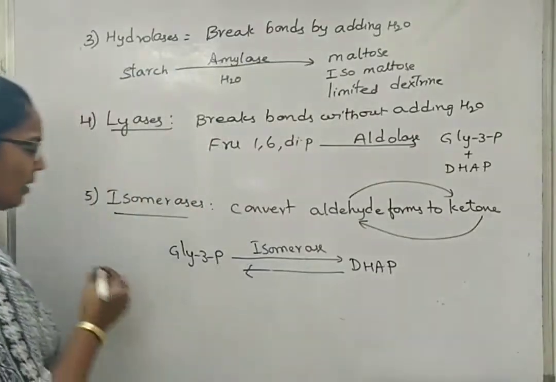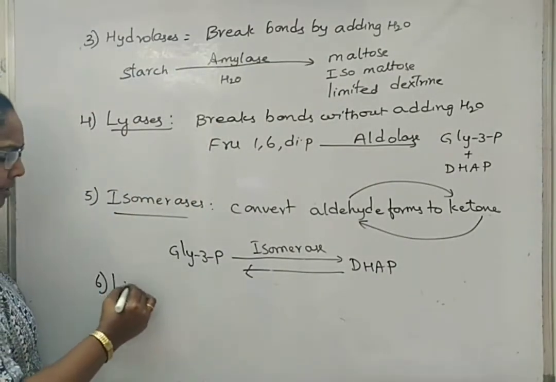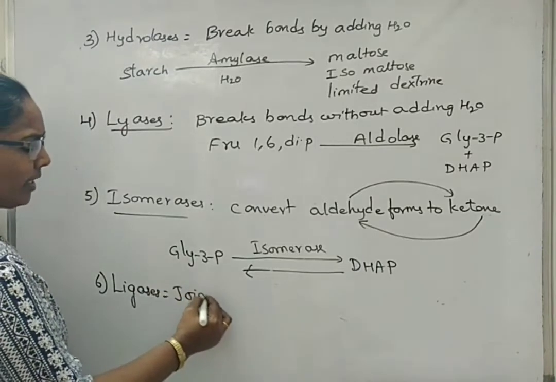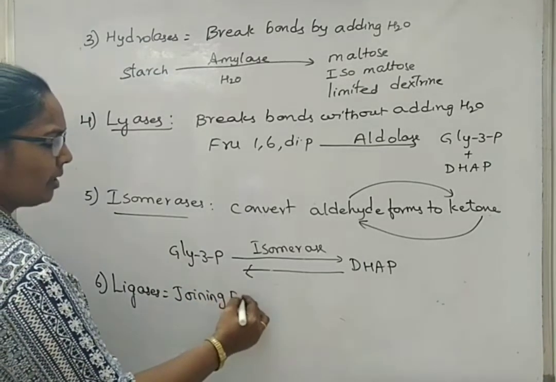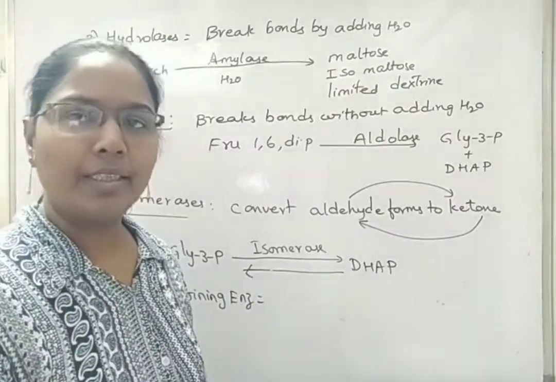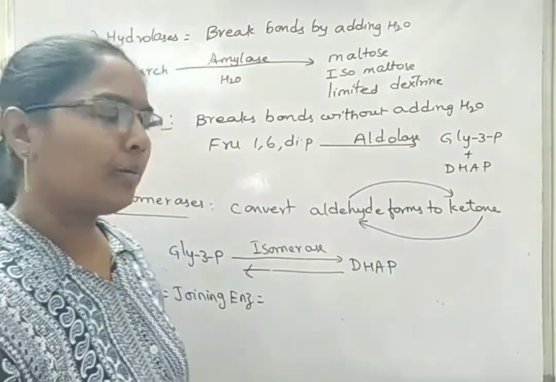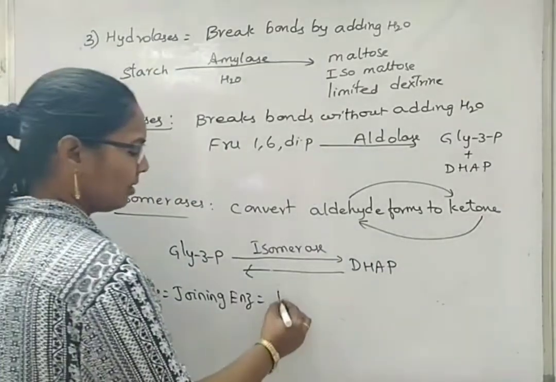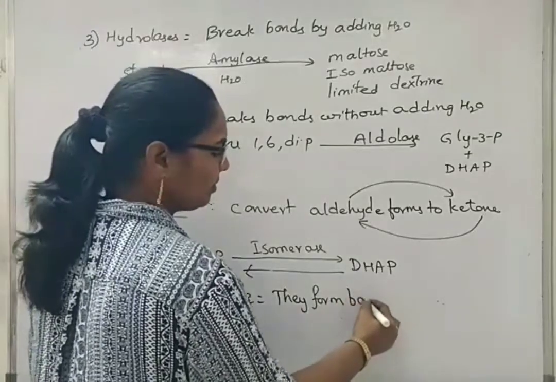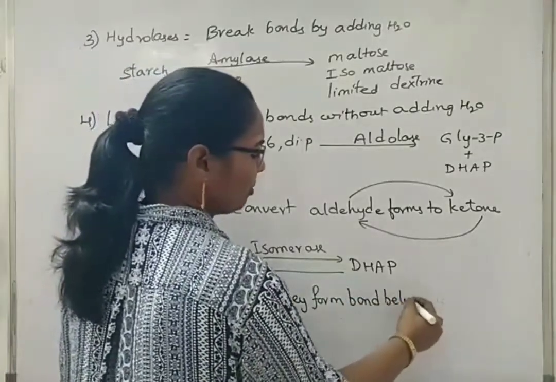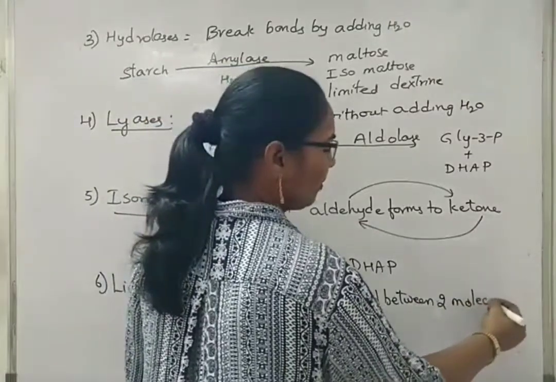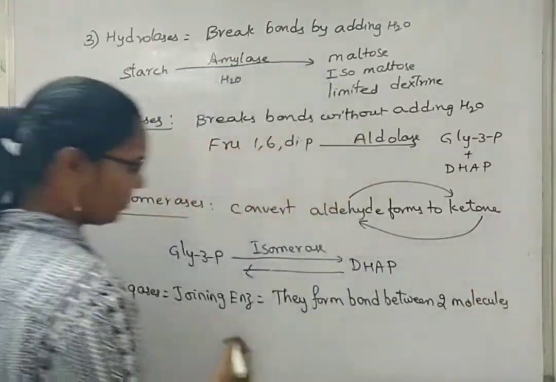The last one is about ligases. Ligases are also called joining enzymes. They form a bond between two fragments of molecules, two molecules, or we can also say two substrates.